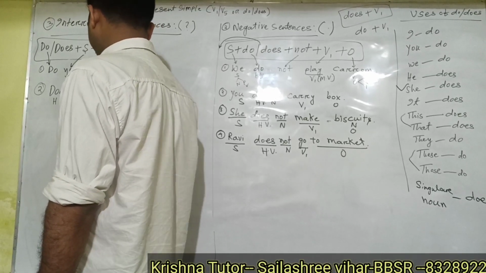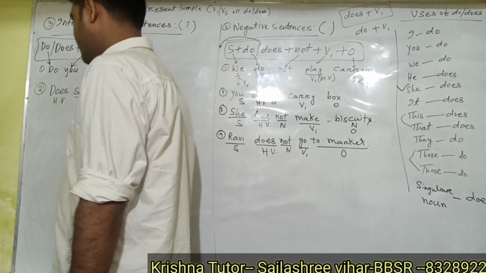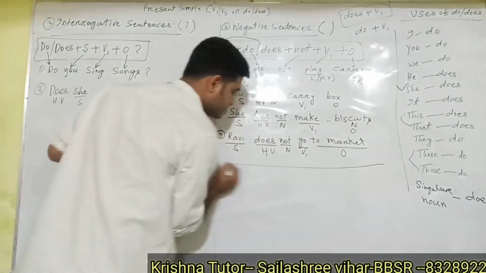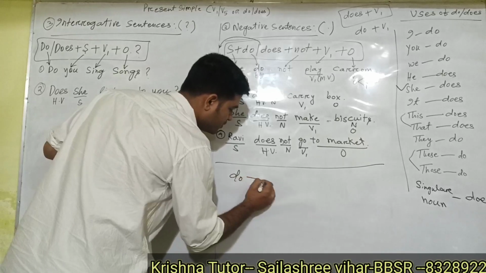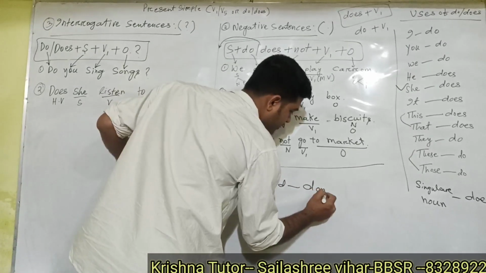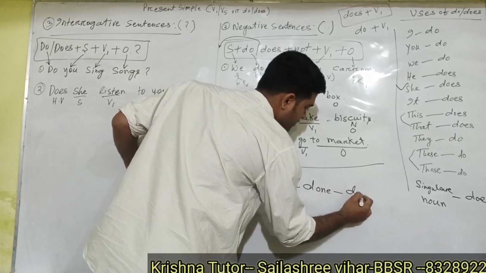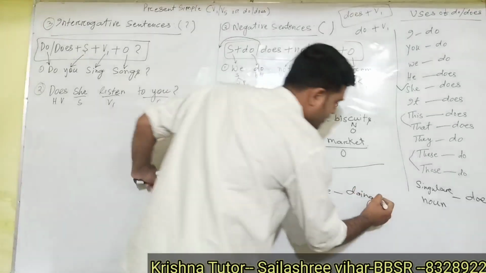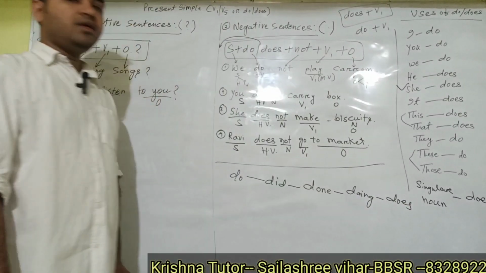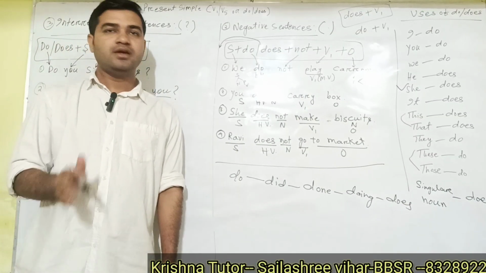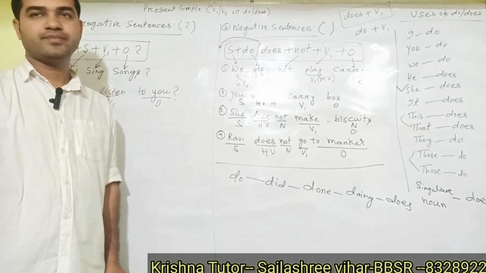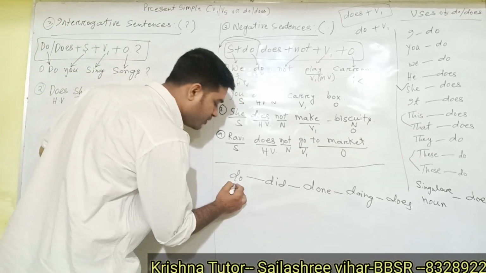Okay. And if I talk about the verb forms of do, then we have 5 forms. If I write here, do, did, done, doing, does. Any verb normally, if it has 5 forms, that can act as a main verb.